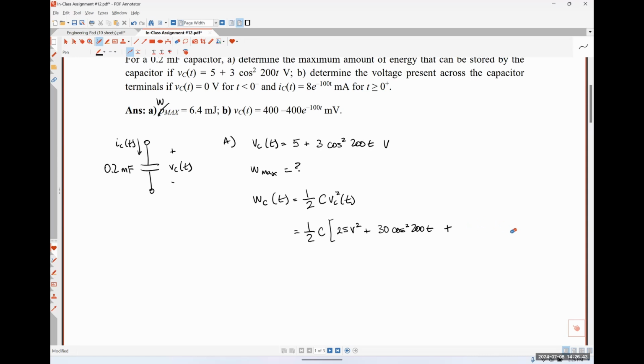Actually, let me just write it out this way. Whatever that thing is. We could sort that out with some trig identities and all of that kind of stuff, but we have the square of cosine squared. It's going to be nasty and it's going to be gross. So while it definitely can be done that way using trig identities, it's not the way that I want to go about it.